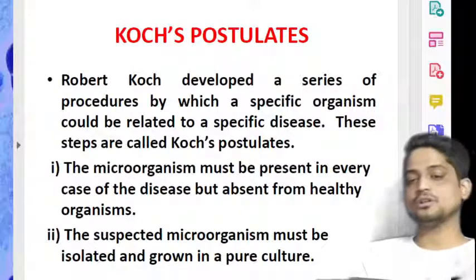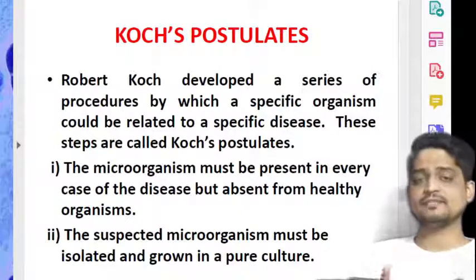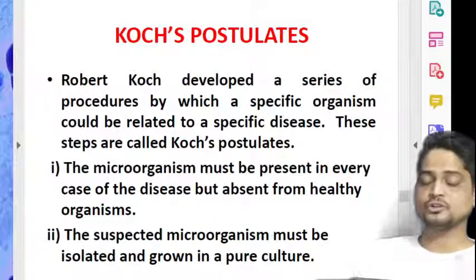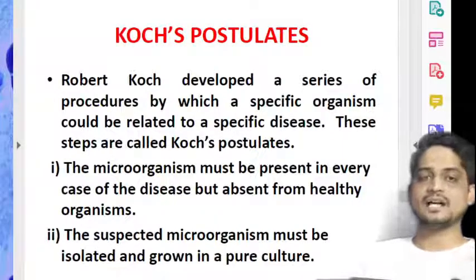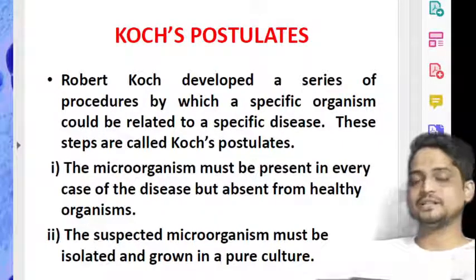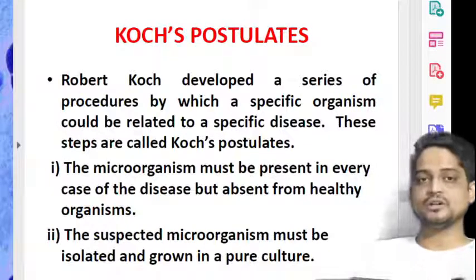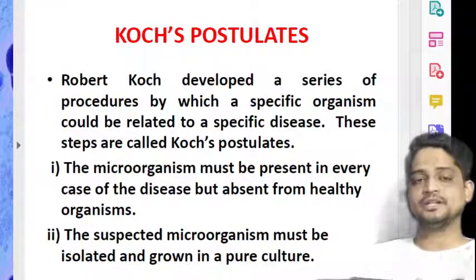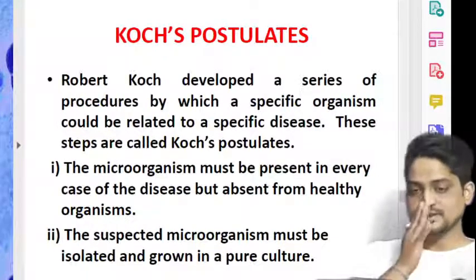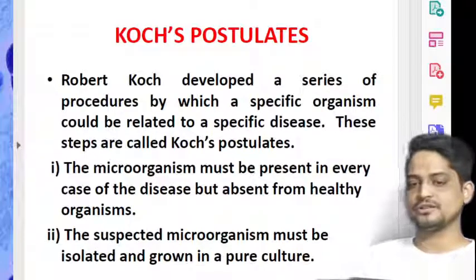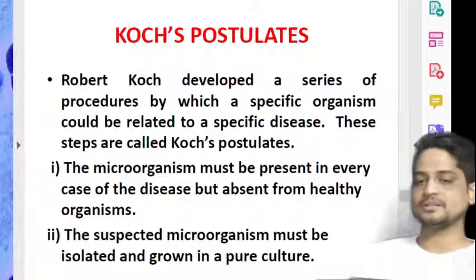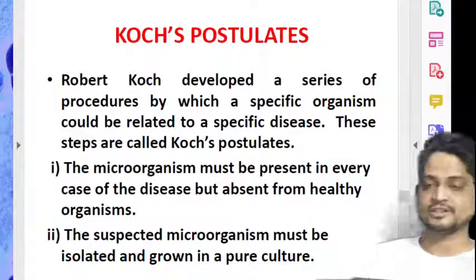Now let's focus on Koch's postulates. He gave his postulates so that anybody can detect the microorganism responsible for a particular disease. Robert Koch developed a series of procedures by which a specific organism could be related to a specific disease.